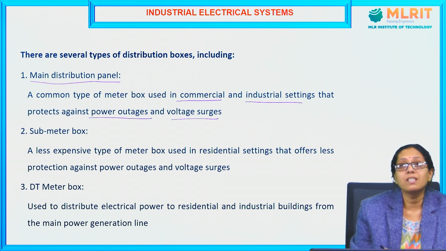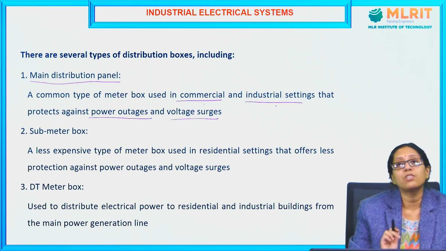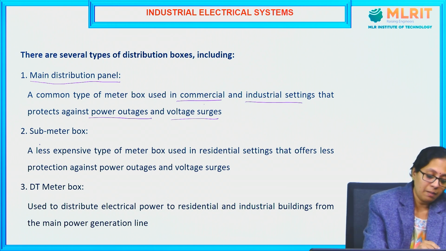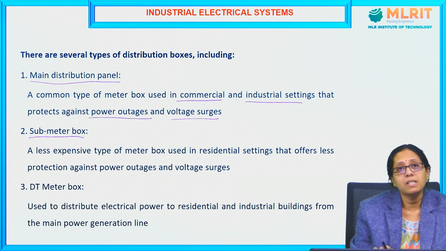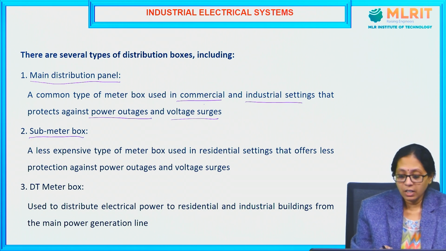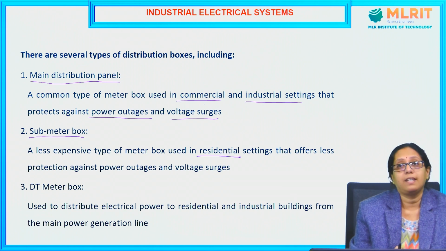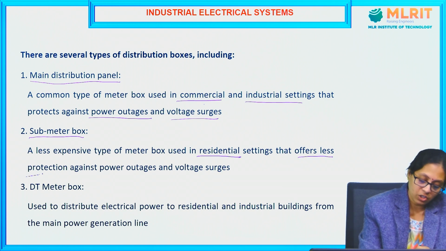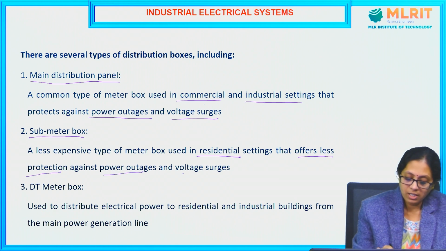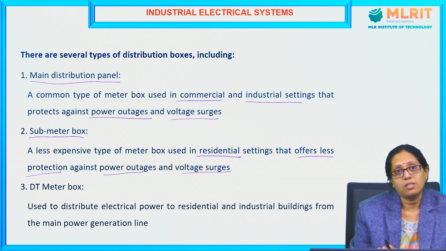That is, the main distribution panel is mainly used in commercial and industries. Second type is the sub-meter box, which is less expensive and used in residential areas, and offers less protection against power outages and voltage surges.